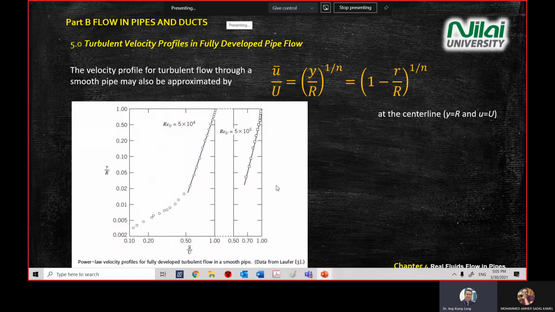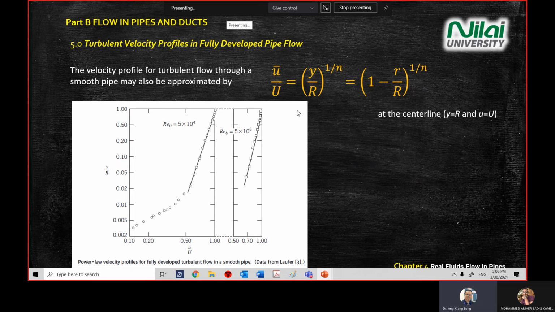There is a chart for the relationship for the velocity profile. Because if you look at this equation, we have a power, so we call it the power law velocity profile.